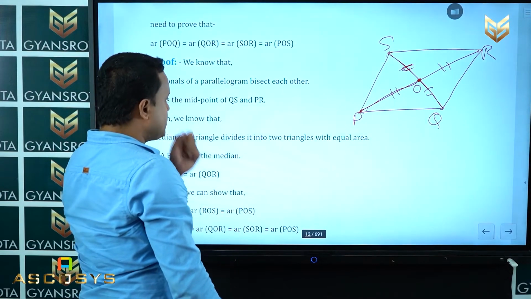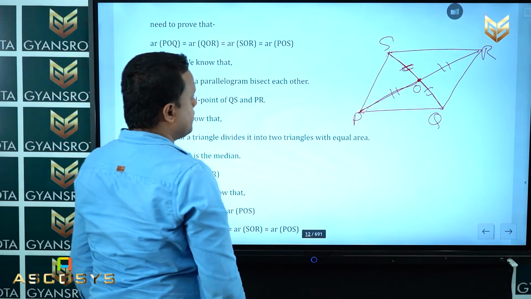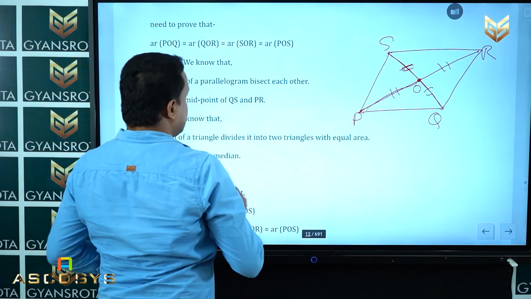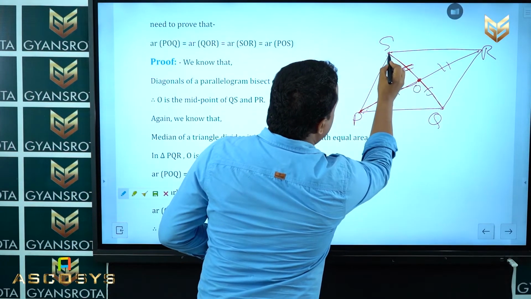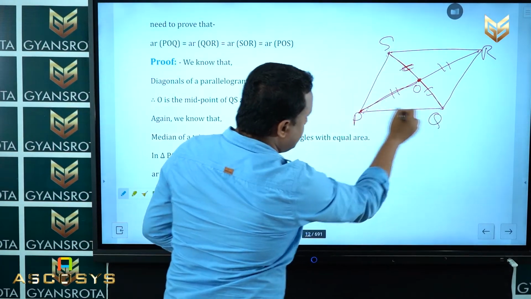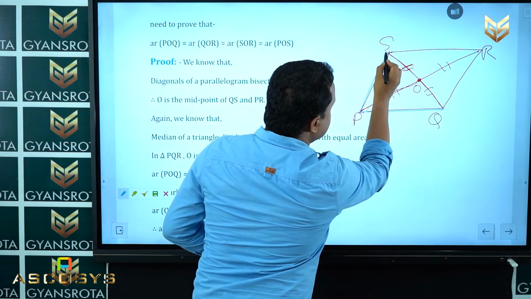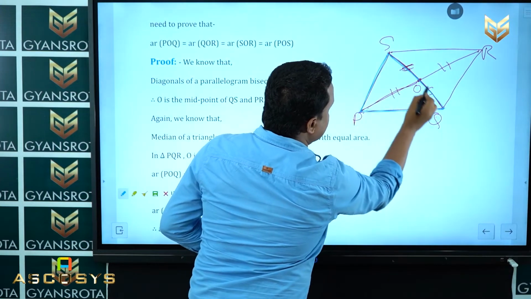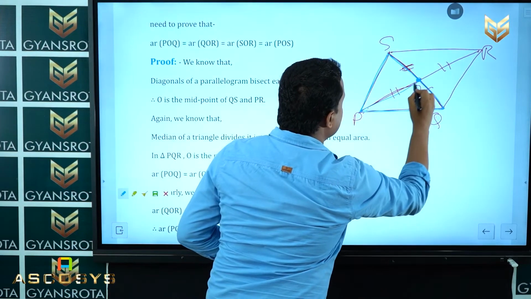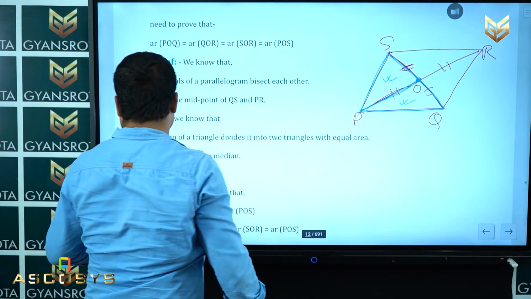We know that the medians of a triangle divide the triangle into 2 triangles of equal area. So here we can show that, since O is the midpoint of SQ, in this triangle SPQ, and OP is the median, the area of this triangle will equal the area of this triangle.